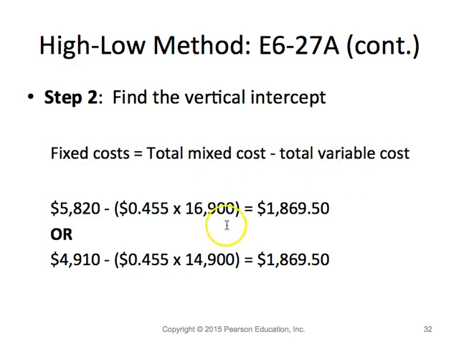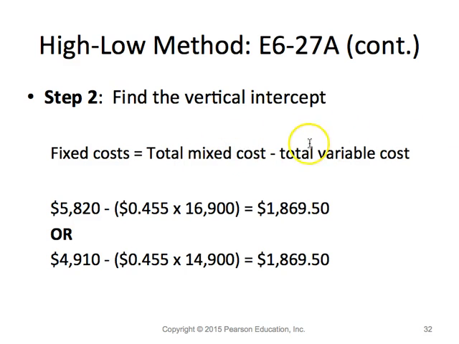The way to find it, remember we have a triangle here. The top here is 5820. This is on this line, the variable cost line. No, the total. Let's see.